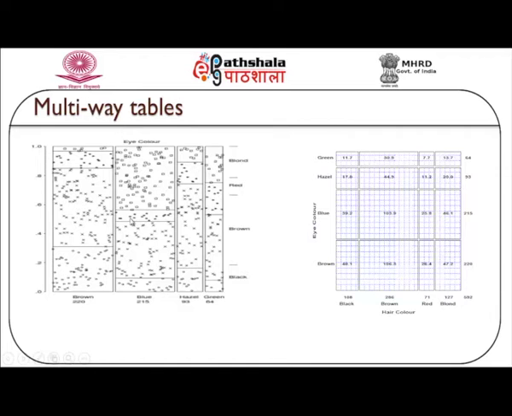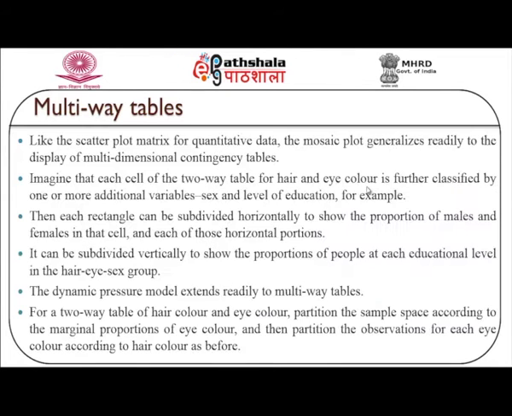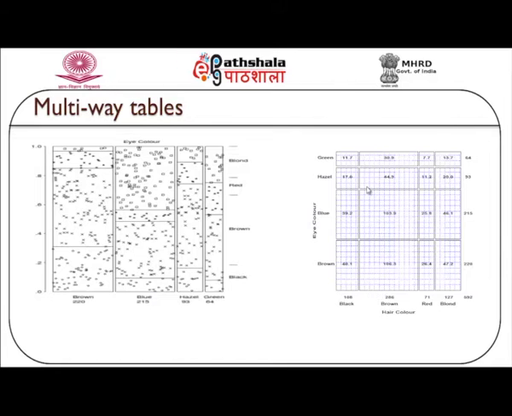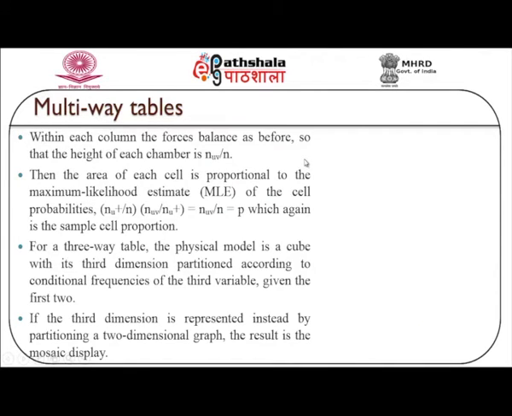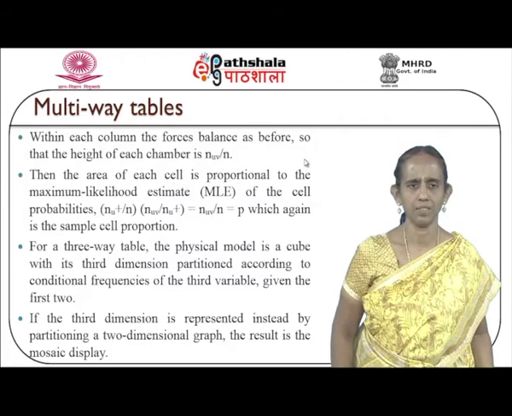The vertical representation shows the eye color and the horizontal representation shows the hair color. So the eye color as well as the hair color are shown in the form of a multi-way table. And in the same table, it is also possible for us to show the sex and the level of education of each person being identified.